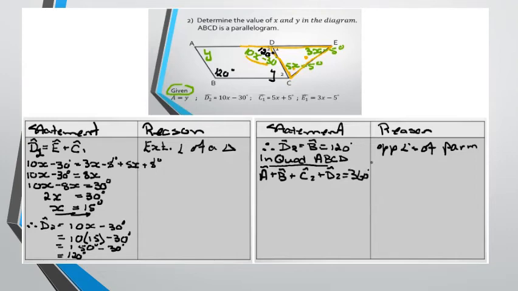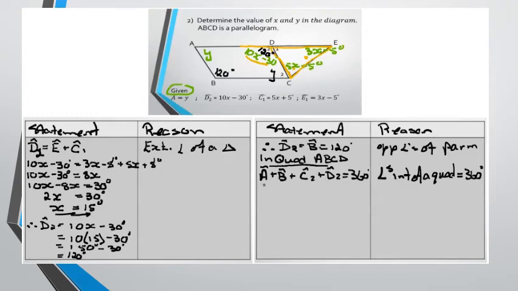And what is the property of that statement I have done there? The sum of the interior angles of a quadrilateral equals 360 degrees.